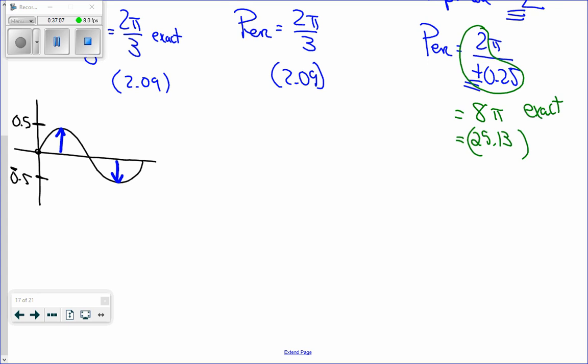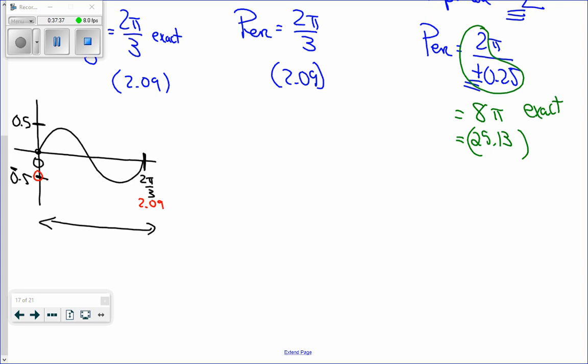Now, the period is the length of one pattern. So if you were to write it using exact numbers, you would say it goes from 0 to 2 pi over 3. If you wanted it as approximates, you would write 0 to 2.09. So that is how those numbers translate to the picture.